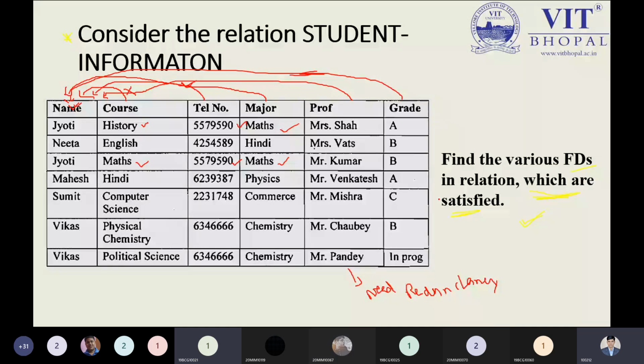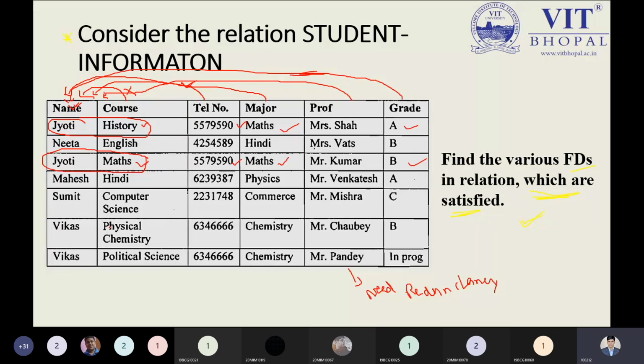How? Suppose this is your name. Yes, you have a doubt right now. No, I'm saying that it will not depend. It is not dependent because Jyoti is following the history course and she got the A grade, but while she is following the math course, she got the B grade. So a few things we have to determine by our data. That was my point.